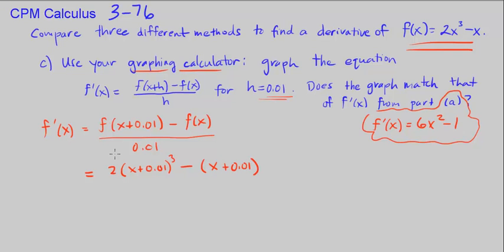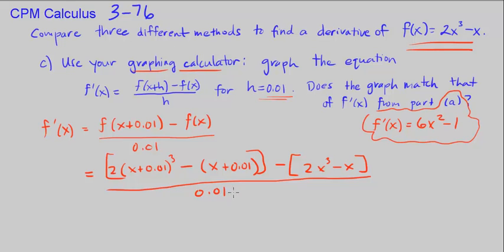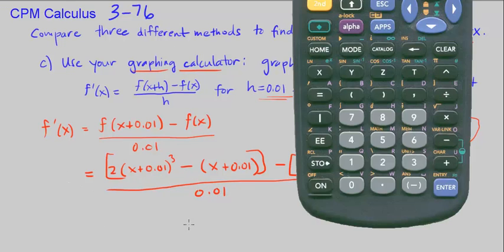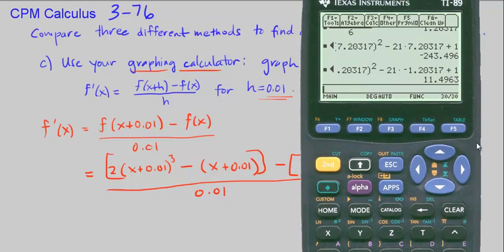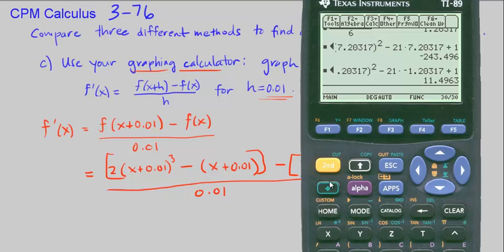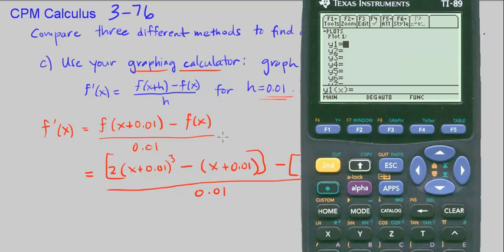That's this right here, minus f of x, so minus 2x cubed minus x, divided by 0.01. So we plug this thing into our calculator. Okay, so I zoomed in my calculator. Let me turn it on. So I zoomed in, and now let me go ahead and graph this.